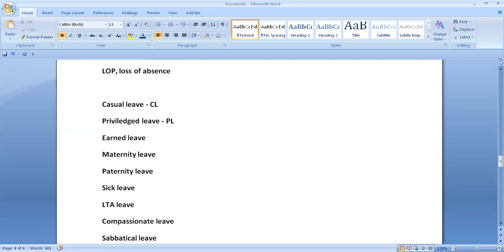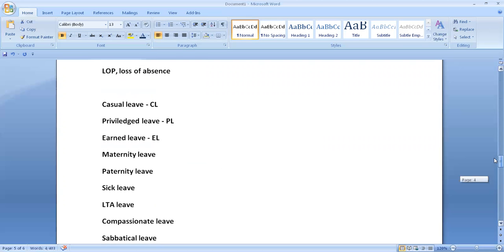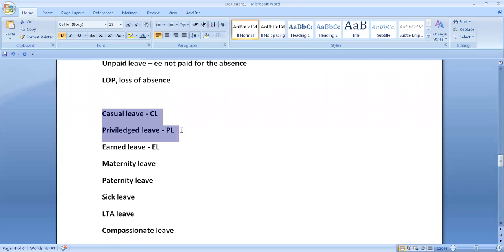Earned leave, you can call it EL. What is earned leave? This earned leave is maintained not by the Shops and Establishments Act, but by the Factories Act. In India, these two acts are applicable: Factories Act and Shops and Establishments Act.